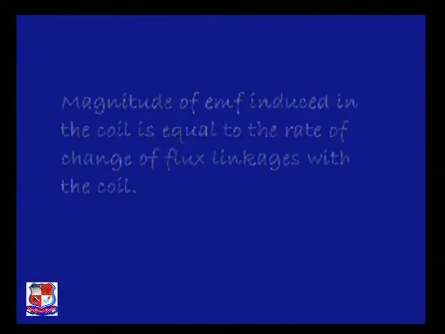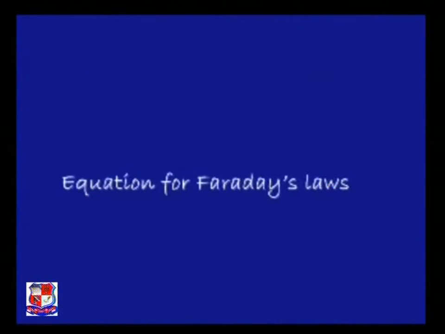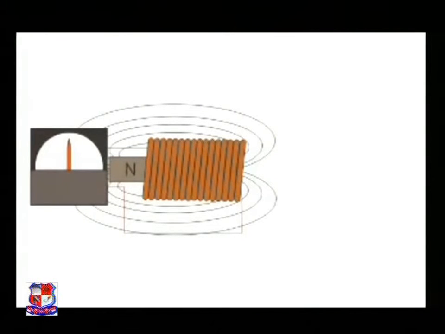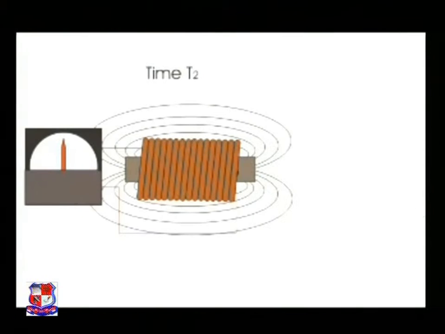Now let's establish an equation for Faraday's laws of electromagnetic induction. Consider a magnet approaching towards a coil. Here we consider two instants at time t1 and time t2.